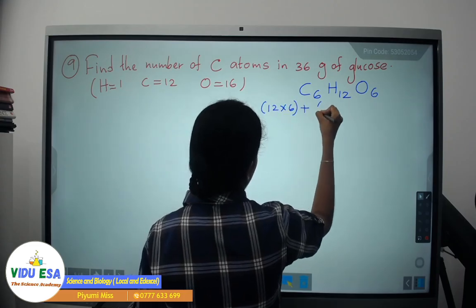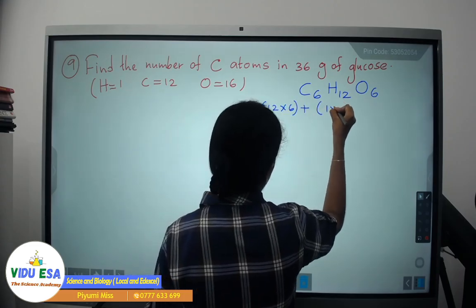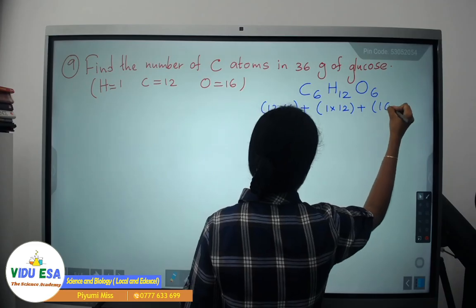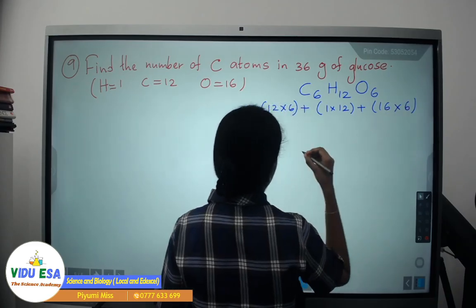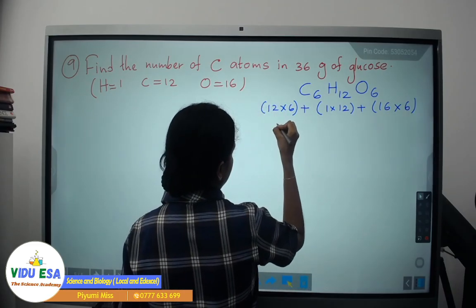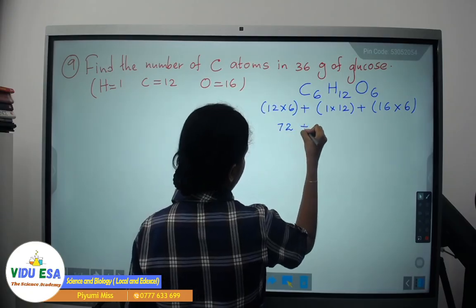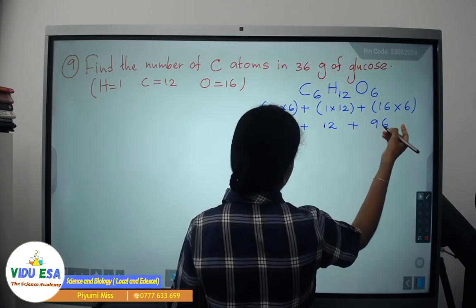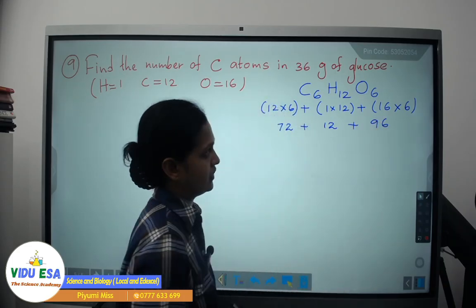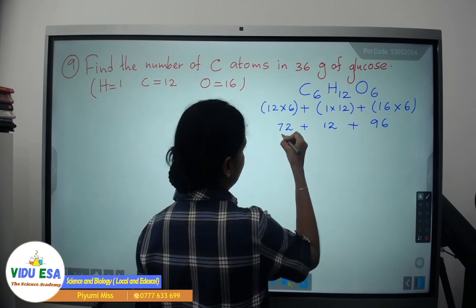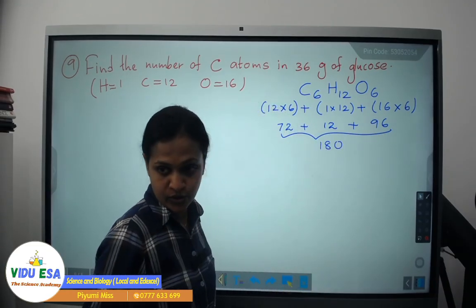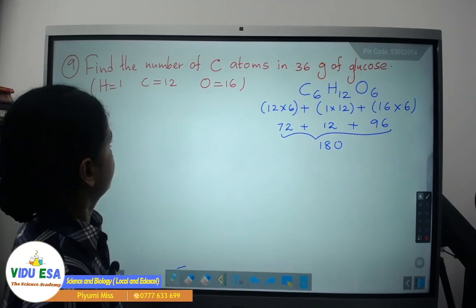Plus H12, 1 into 12, plus O6, 16 into 6. So here it is 72 plus 12. Then 16 into 6, 96. 96 plus 12 is 108. Plus 72, 180. The relative molecular mass of glucose is 180.